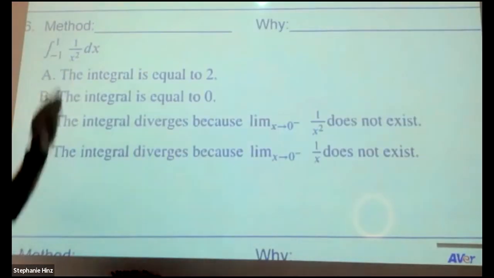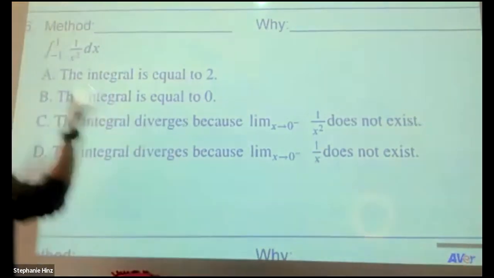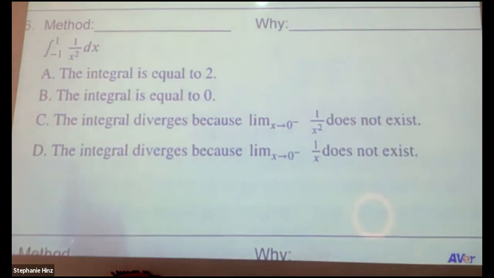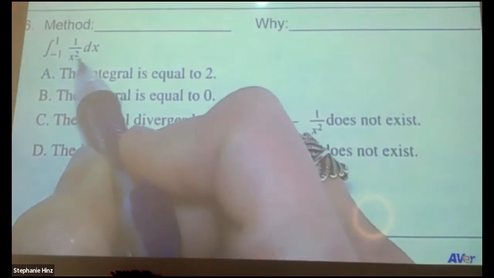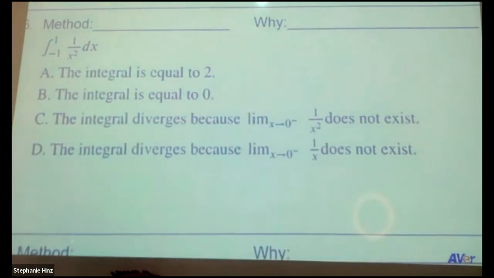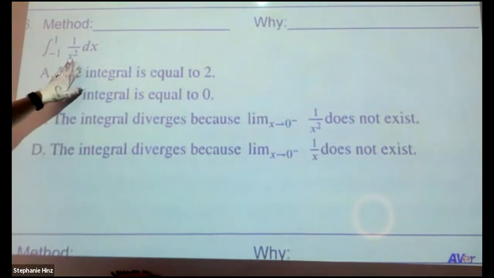All right, so if we're looking at this problem, this is one of those sneaky ones because we don't have infinity here or here, and those are the ones that scream improper integrals. However, if we look at number 6, 1 over x squared, this x squared should get your attention, because 0 is a problem. 0 is going to be an asymptote.